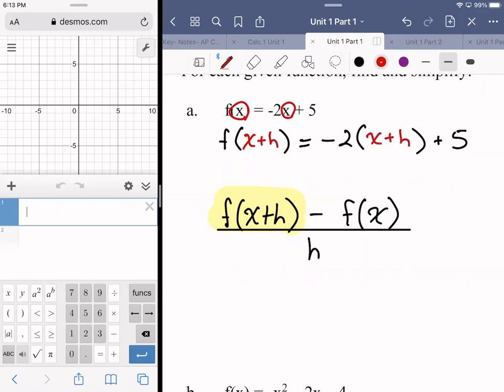Then from there, it's a matter of simplifying. So I'm taking this negative 2 and distributing. So negative 2x minus 2h plus 5. But the key is that first step where you take your original function and everywhere you have an x, you swap it out for an x plus h.